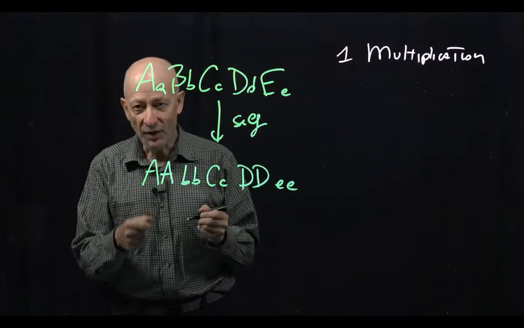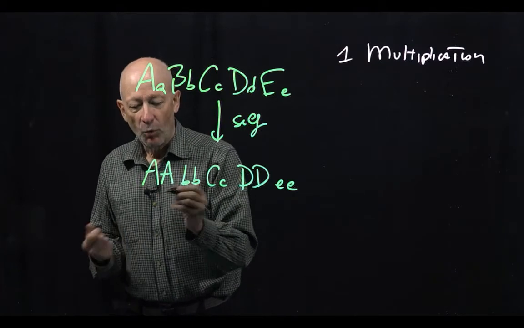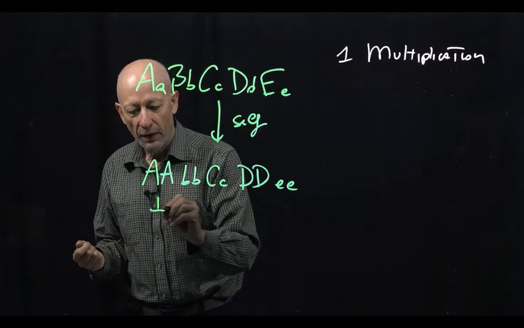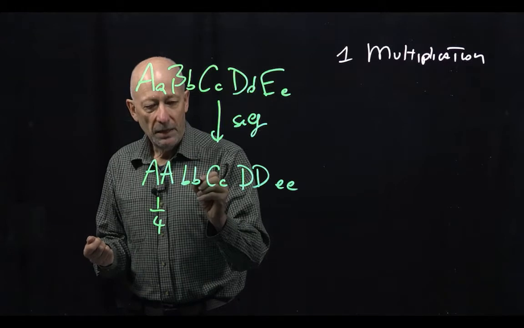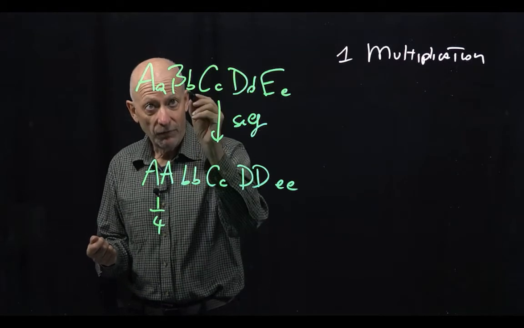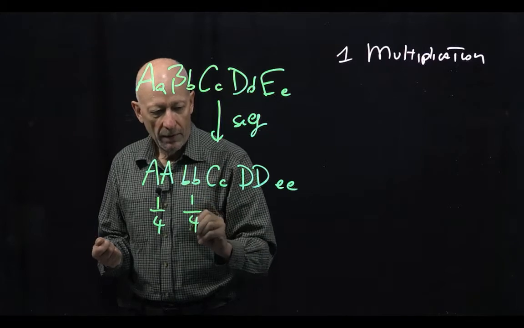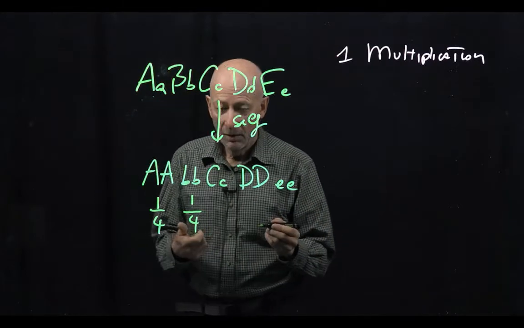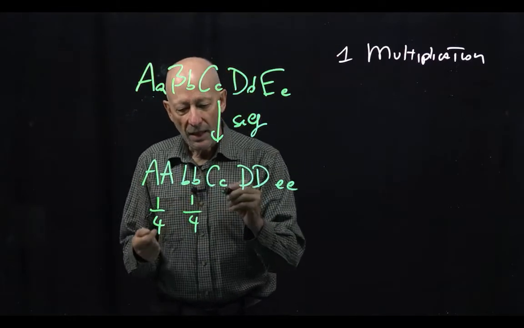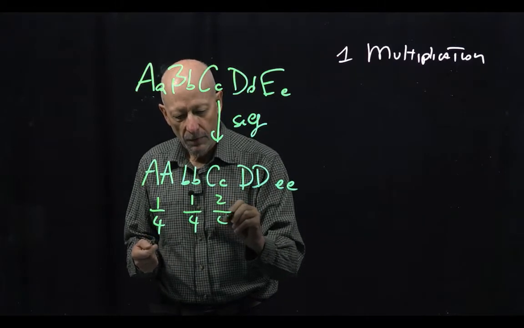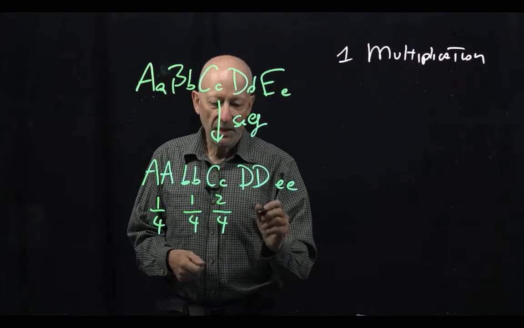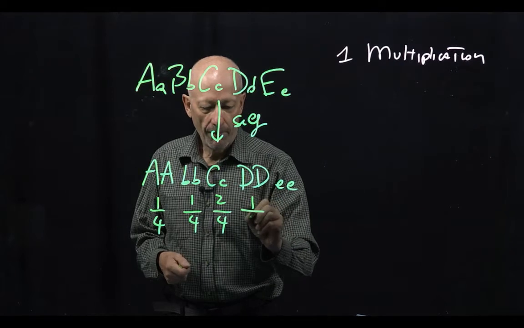So what is the probability of getting a big A, little a? We know that that is 1/4. Big B, a little b out of a heterozygous is also 1/4. The heterozygous output is 2/4. Big D is 1/4.